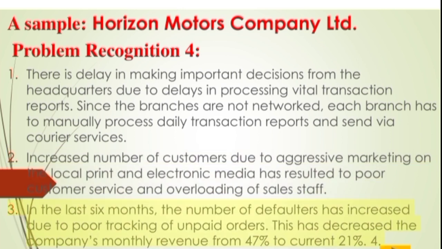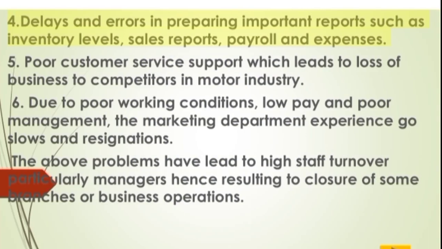3. In the last 6 months, the number of defaulters has increased due to poor tracking of unpaid orders. This has decreased the company's monthly revenue from 47% to the current 21%. 4. Delays and errors in preparing important reports such as inventory levels, sales reports, payroll and expenses. 5.